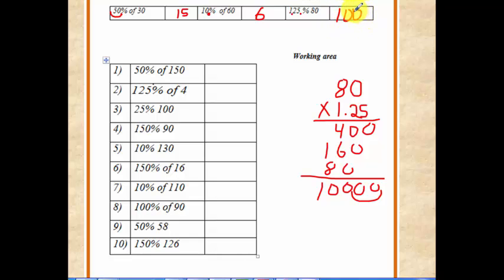So, what we just did here is we took 80 and we want to find out what is 125% of 80. So, we just simply move the decimal point 2 places to the left, as you can see here, multiplied it, and we find out that 100 is 125% of 80. Now remember over here, very simply, we want to find what 10% of 60 was.